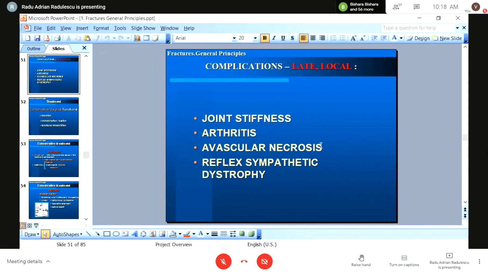And finally, a prolonged immobilization in a cast may lead to a reflex sympathetic dystrophy, which is a condition produced by the vegetative nervous system, leading to a local osteoporosis and pain at the level of the segment which was immobilized in the cast.